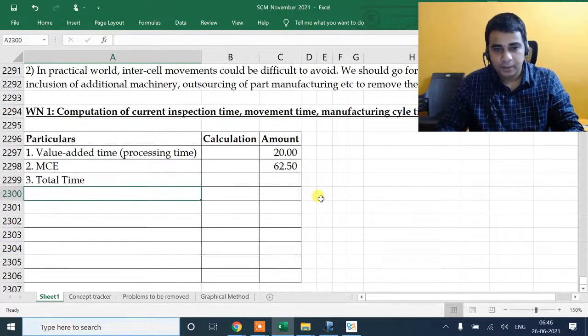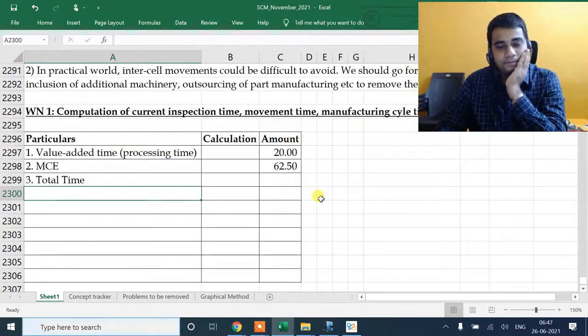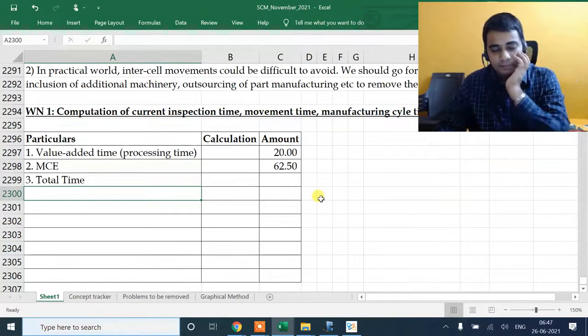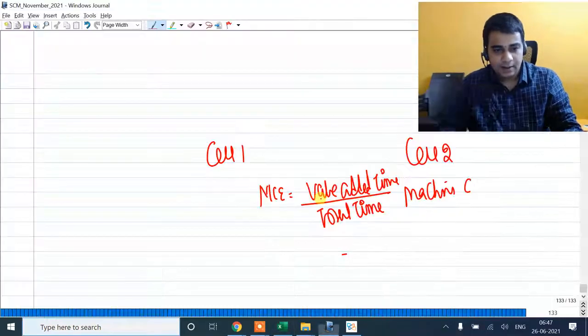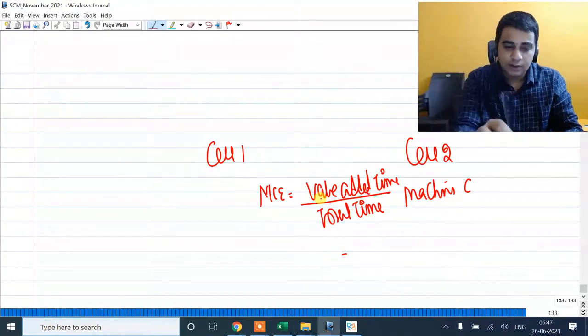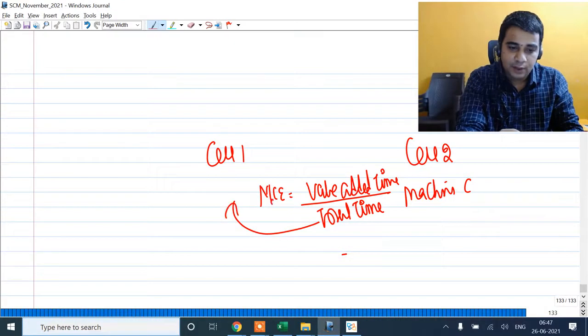Total time. Now listen, I'm going to interchange this formula. Total time is nothing but value added time divided by manufacturing cycle efficiency.